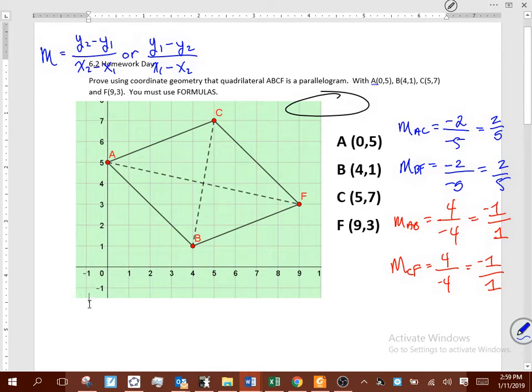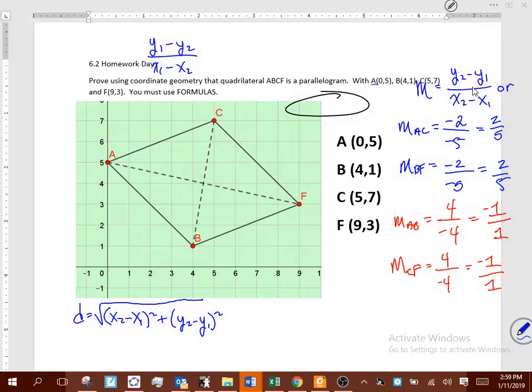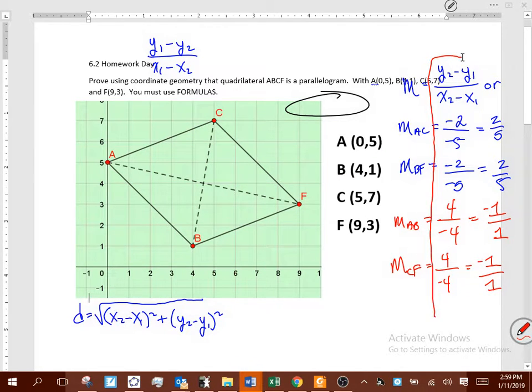All right, if you remember the distance formula, is this, correct? Okay. Weren't all of these things over here, all these fractions, a bunch of y2 minus y1s and x2 minus x1s?